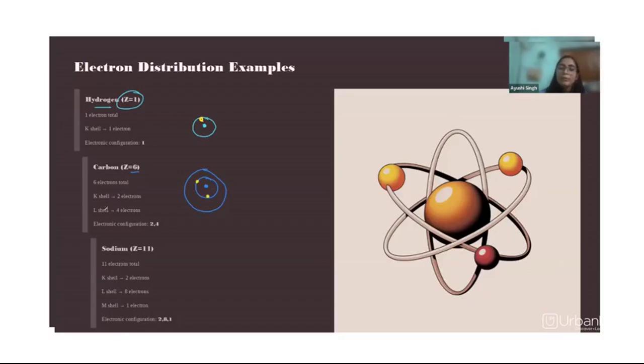Now 4 more electrons are supposed to go somewhere, so they will come here, and L is going to be the last shell for carbon. Now the problem is the last shell is L, and L is supposed to have 8 electrons for stability. So what will happen here is that carbon will try to make bonds with hydrogen or something else. From there, it can share electrons.